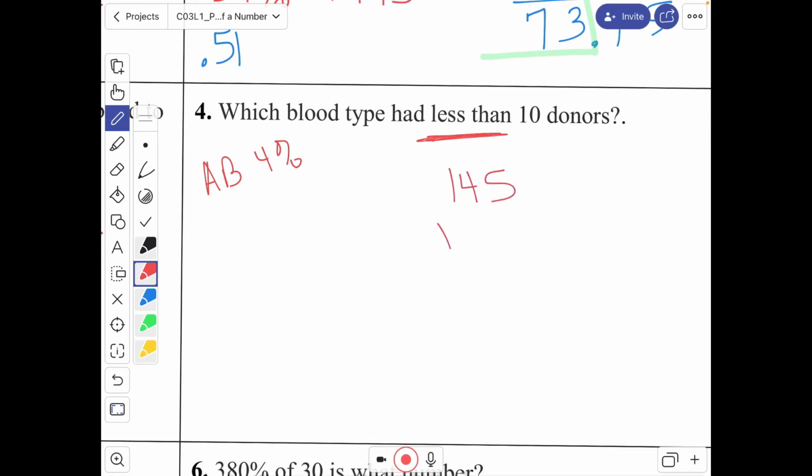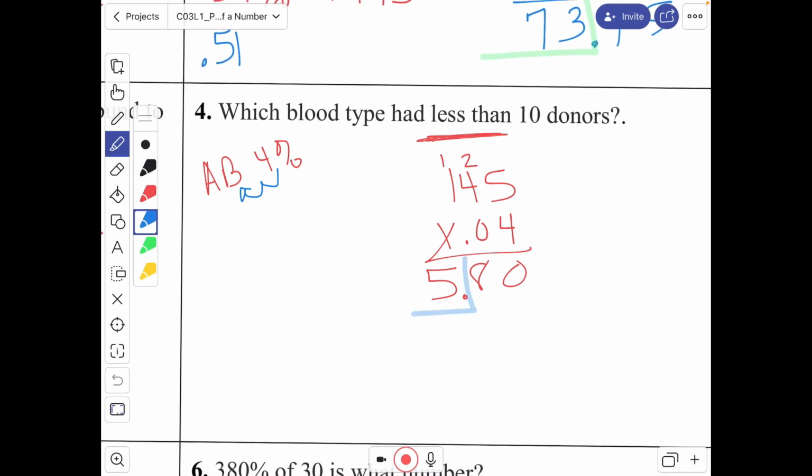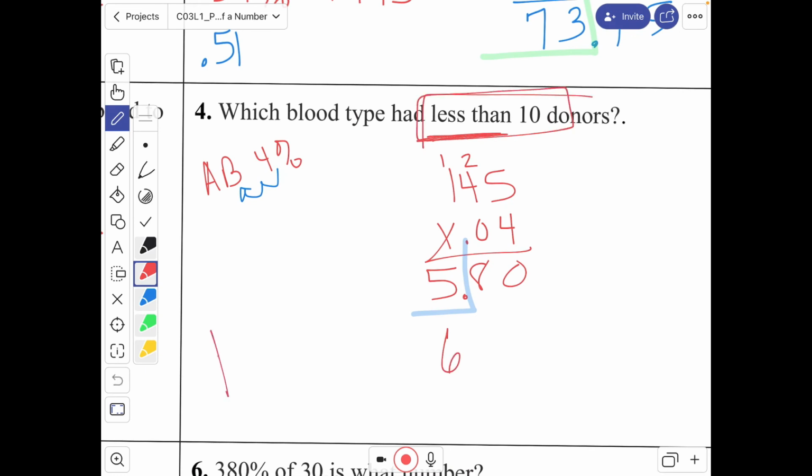So 145 times, if we move the decimal 2 spaces, that would be 0.04. Which gets me 5.80, which rounds to 6 donors. 6 is less than 10, so it's type AB.